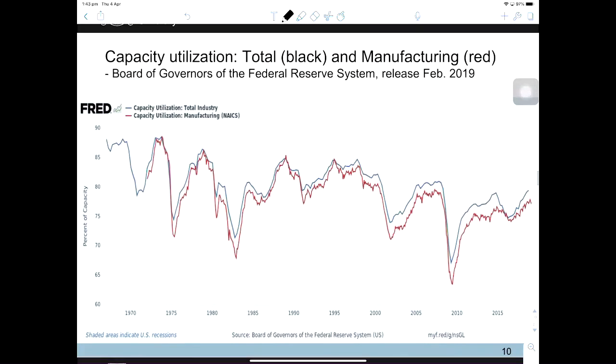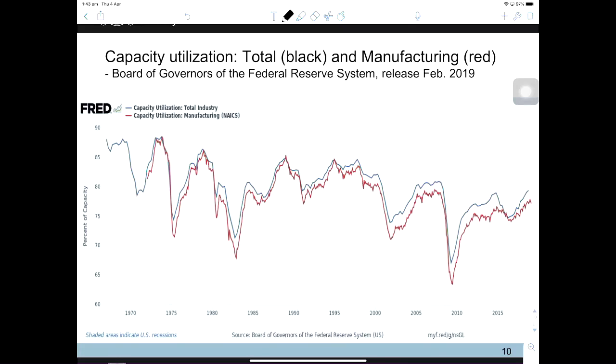Here we're going to look at one particular driver of equity market return, which is capacity utilization. This is from the Federal Reserve. You can download the same chart yourself, and you can even configure it to play with this data.